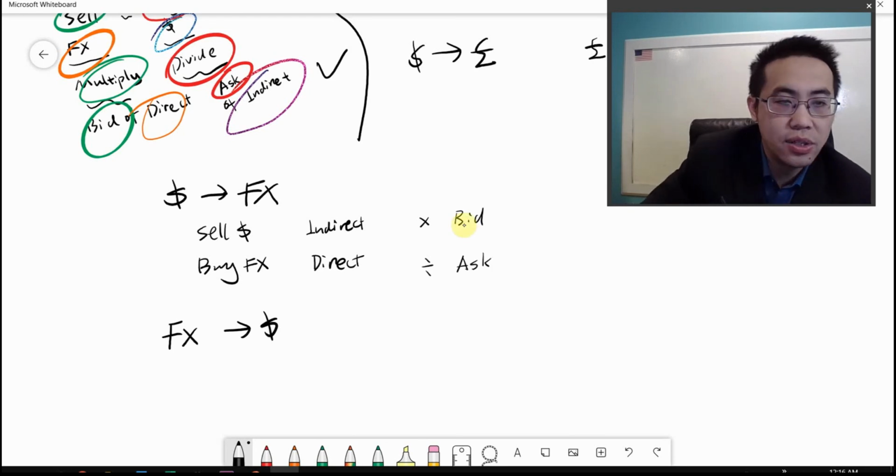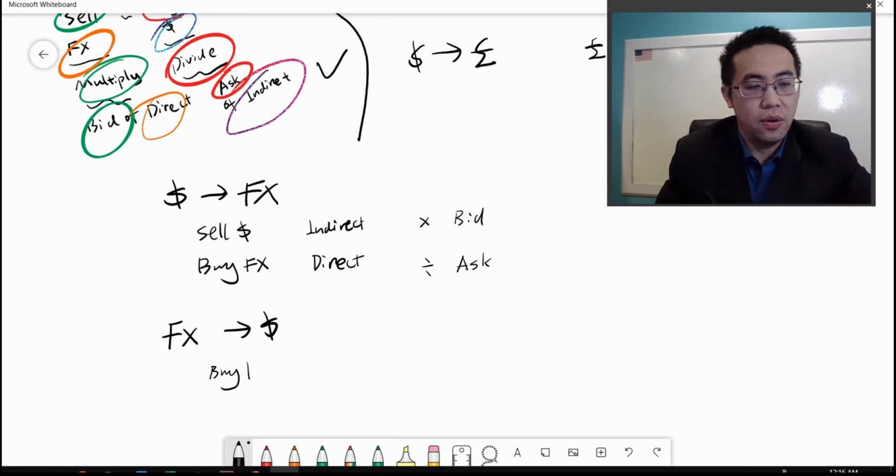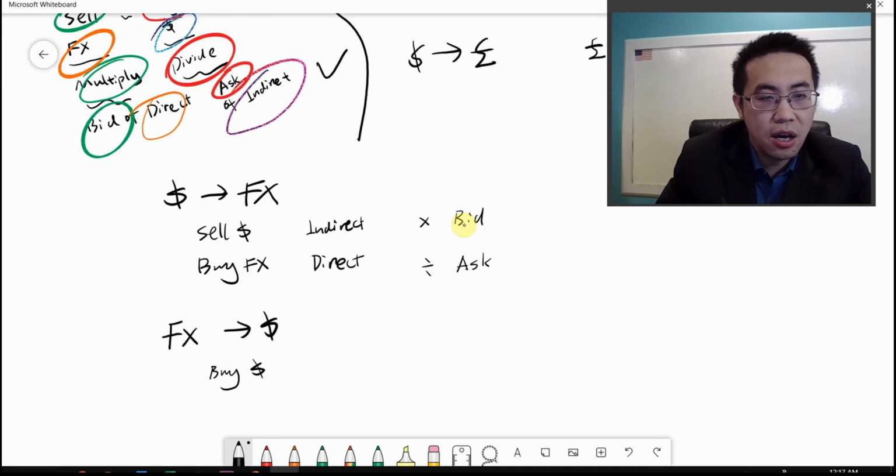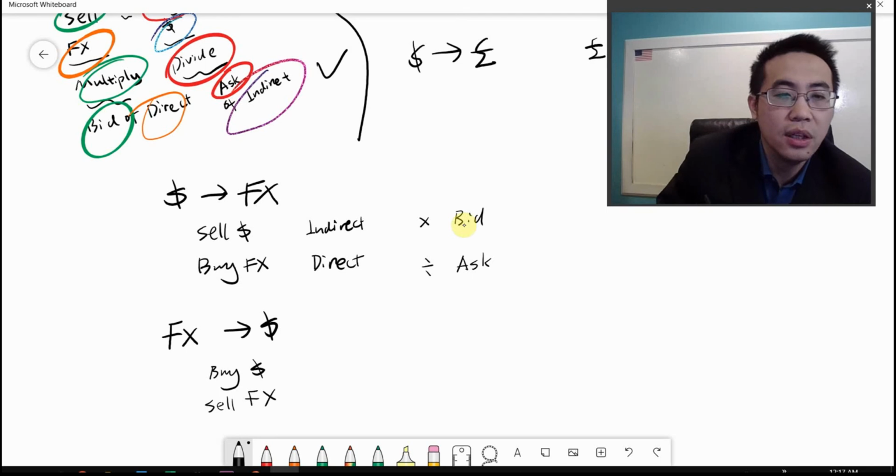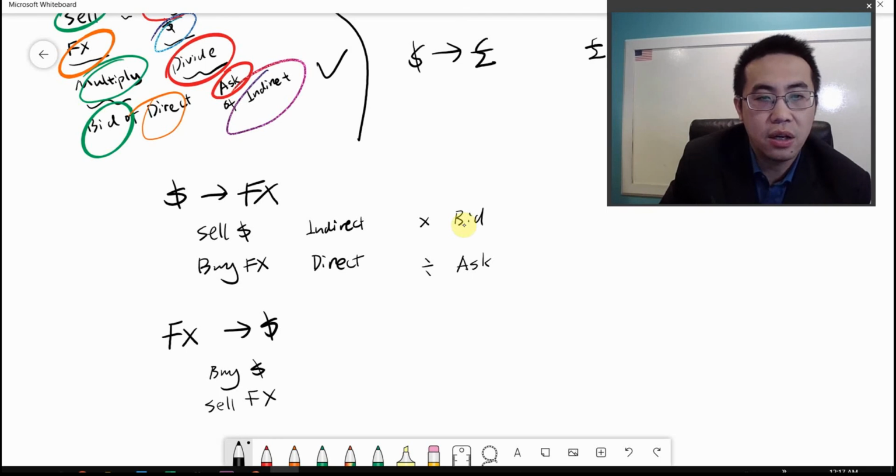Likewise, if you're doing foreign exchange to dollar conversion, you are buying the US dollar, and then you sell the foreign exchange. If you are focusing on the dollar side of the story, you're going to use the indirect.